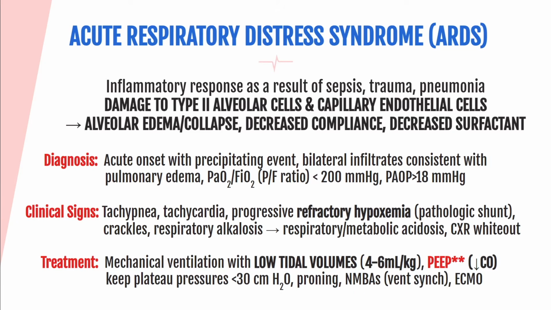We can also prone these patients to increase the perfusion to the lungs, which will in turn increase your PF ratio. We can also use NMBAs, neuromuscular blocking agents, or paralytics in order to keep the work of breathing down and let the patient be synchronous with the vent. And as a last resort, these patients can go on VV ECMO in order to receive full pulmonary perfusion support.